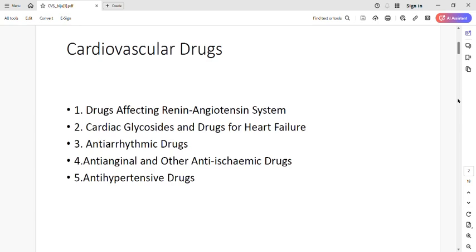The topics we must read are: first, drugs affecting the renin-angiotensin system; second, cardiac glycosides, mainly digitalis; then anti-arrhythmic drugs, anti-anginal and other anti-ischemic drugs; and the next one is anti-hypertensive drugs.